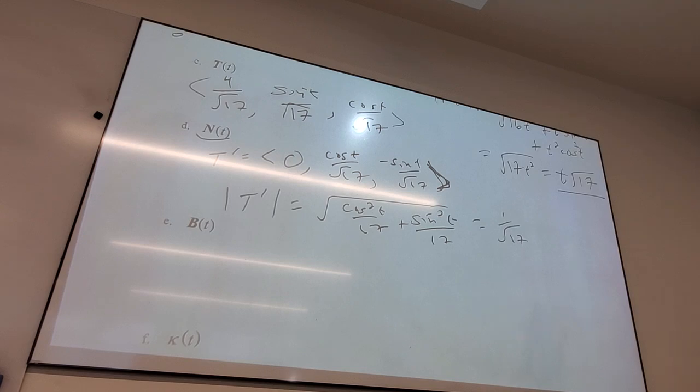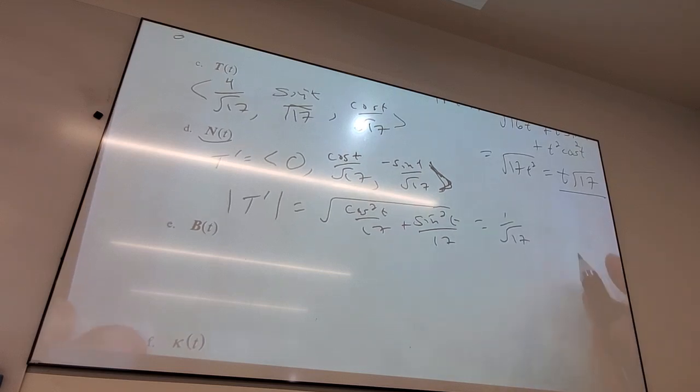I'm going to let you think about what that might mean. It's obviously potentially significant. If I ever see something come out as a constant, in this case the length of the rate of change of my unit tangent vector, that tells me something important about how this thing is moving. Maybe I'll have a bonus question about that.